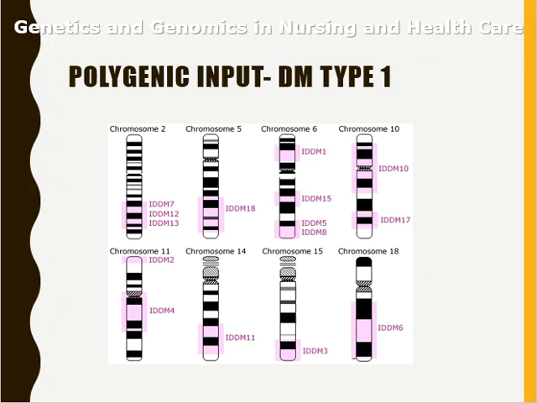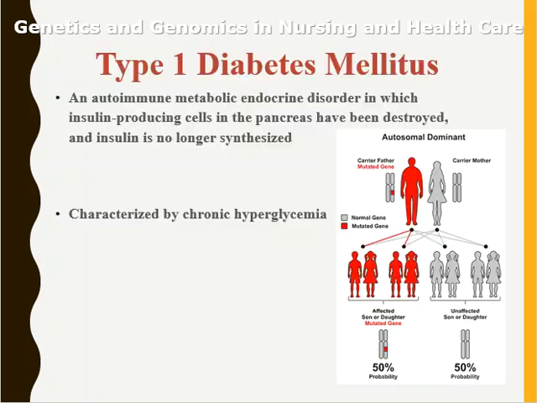So here's a picture of polygenic input in diabetes type 1. Chromosome 6 is largely involved in the development of diabetes type 1, but you can see there are other chromosomes that have components to that disorder. So we know it's autoimmune, in which insulin-producing cells in the pancreas are destroyed and insulin is no longer synthesized, which leads to chronic hyperglycemia.